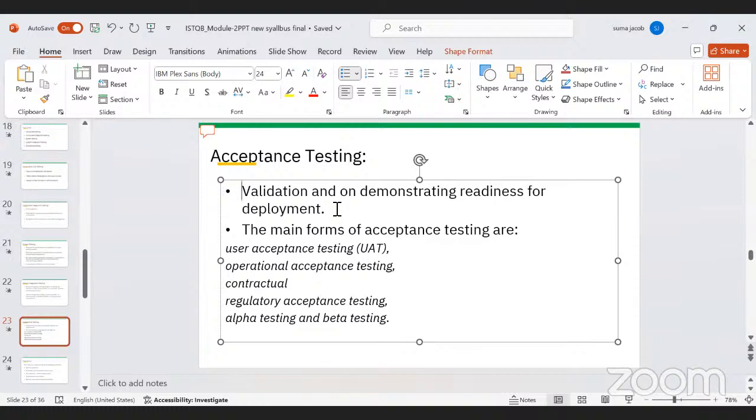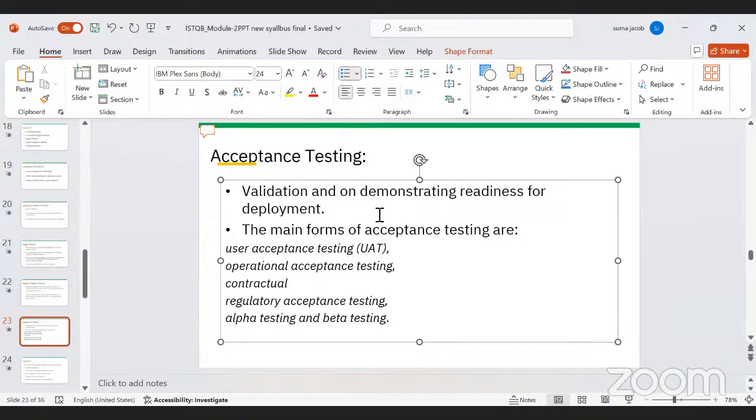This could be mostly done by the client side. There are different forms of acceptance testing: user acceptance testing, operational acceptance testing, contractual acceptance testing, regulatory acceptance testing, and finally alpha and beta testing.